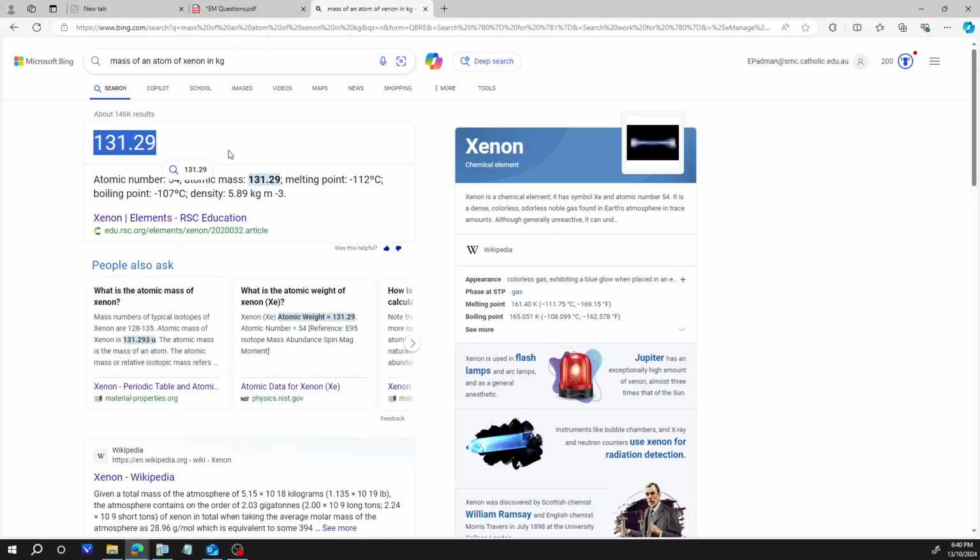We're talking about atomic mass, so roughly there is an equivalence, this is a different unit. So what is atomic mass?